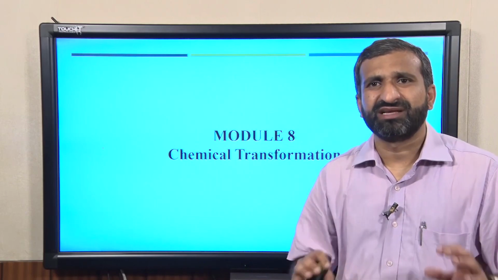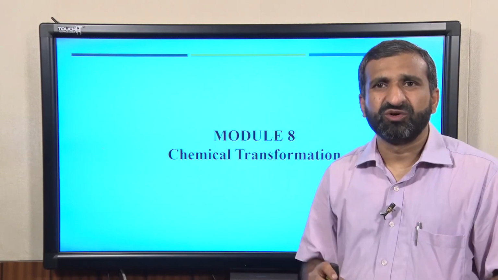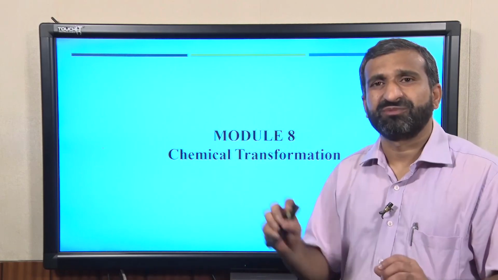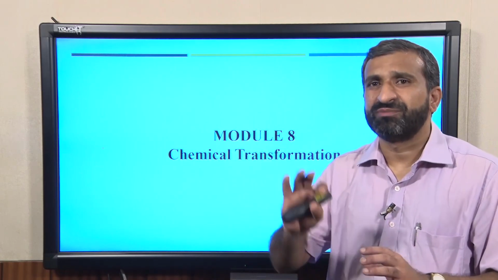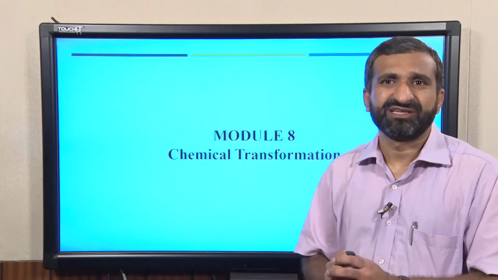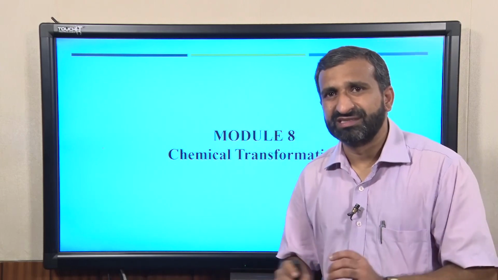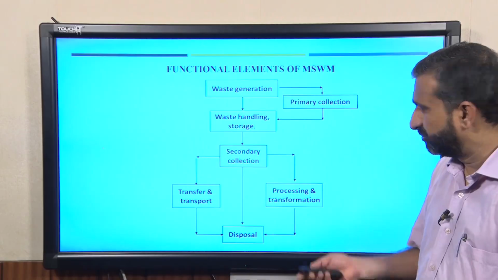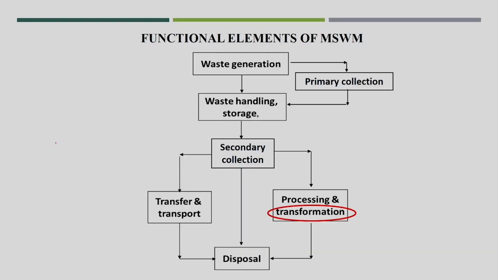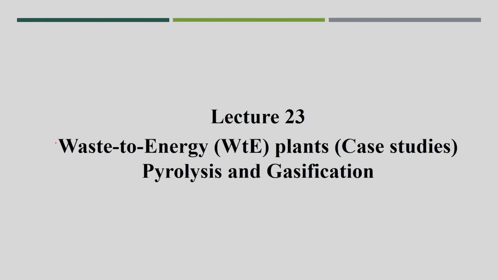Suppose if you are able to get it segregated, it's possible to go for such a chemical transformation process, normally called the pyrolysis and gasification process, which we are going to discuss today. So, we are at the fifth functional element, transformation. And this lecture is on waste to energy plants, some case studies, and pyrolysis and gasification processes.